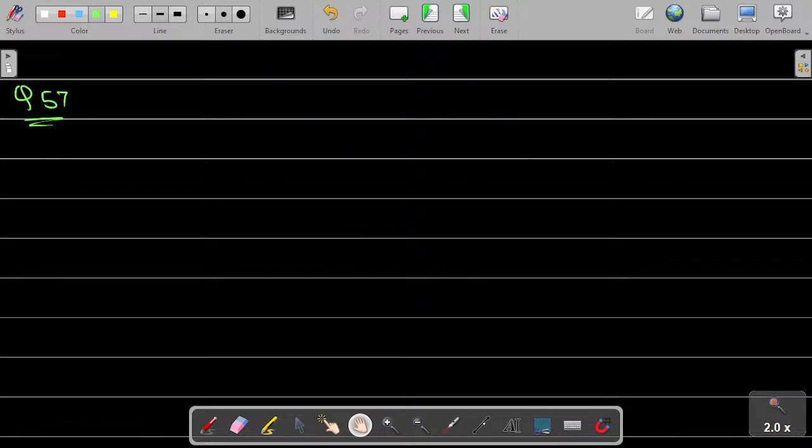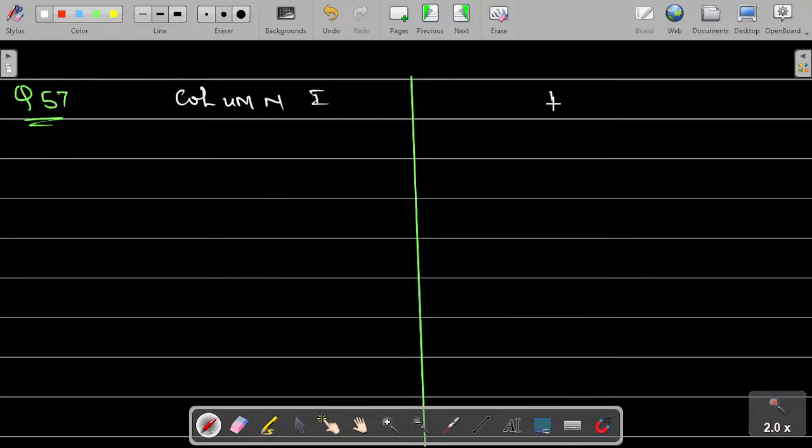Okay, let me try to see if I can reproduce what we are given in column 1 and column 2. Okay, so let me use this to divide into columns. Okay, so this is what they said is column 1. Let me still write it. Column 1 and then column 2.